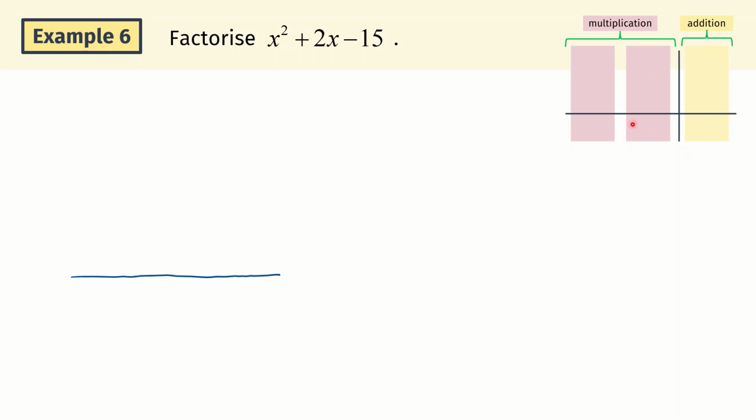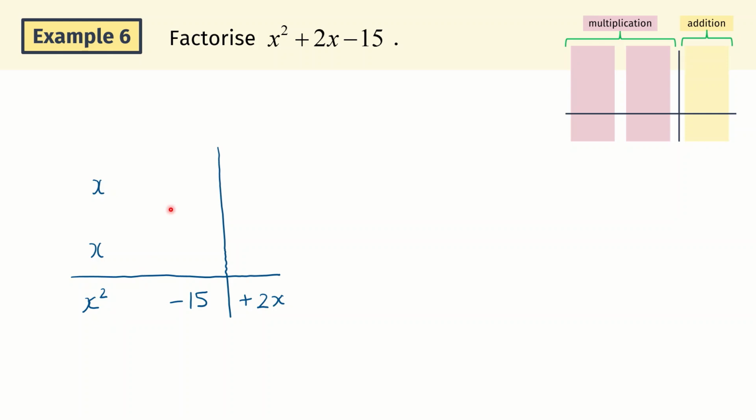We first draw out the frame, and then we fill in the bottom row of the frame, whereby we have x squared followed by negative 15 and then plus 2x. In this case, we look at fulfilling the first column, and we're looking at multiplying two things that will give us x squared. So the simple one will be x times x.